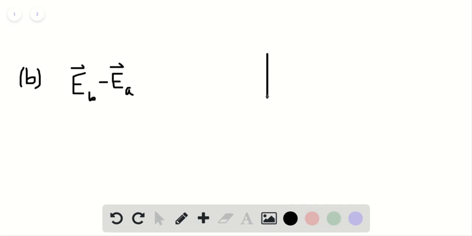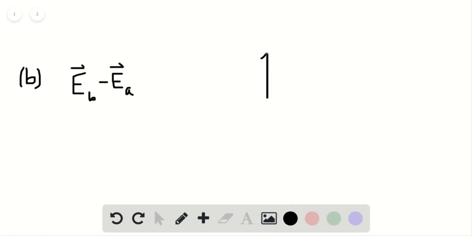we are asked to find the magnitude and the direction of the vector, the electric field E sub B minus E sub A. Okay, well, let's go ahead and draw a little diagram to represent this.